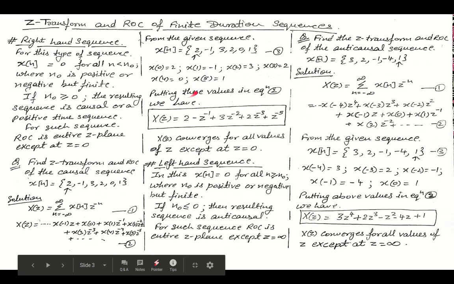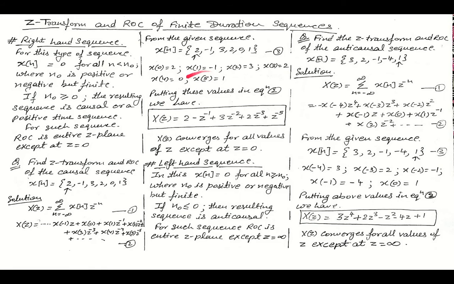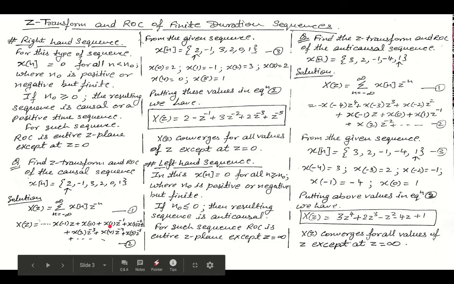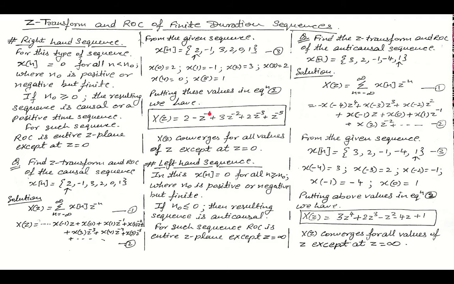So this is the only z transform of these values. So X(z) can be obtained as 2, minus, because x[1] is minus 1, into z to the power minus 1, that's why a minus z to the power minus 1 is here.